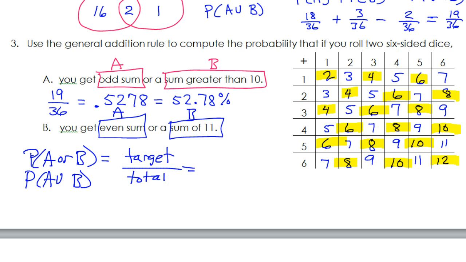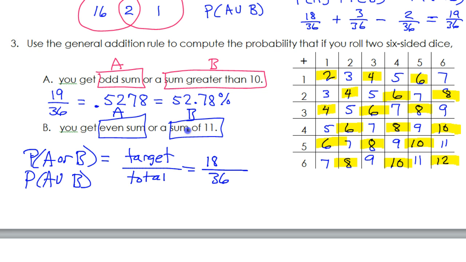There are still 36 total outcomes possible, so that's going to be 36. So it's a matter of counting up all of my targets. So far I've got 18 because that's from the A, all the even ones.